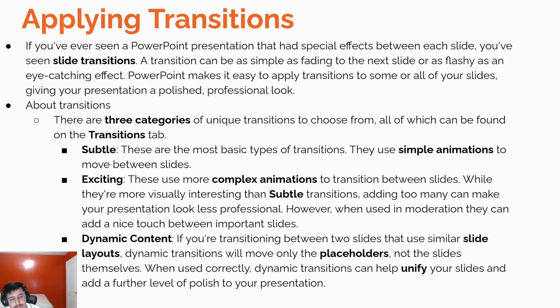However, when used in moderation, they can add a nice touch between important slides. Finally, we have Dynamic Content. For transitioning between two slides that use similar slide layouts, dynamic transitions will move only the placeholders and not the slides themselves. So when used correctly, dynamic transitions can help unify your slides and add a further level of polish to our presentation.